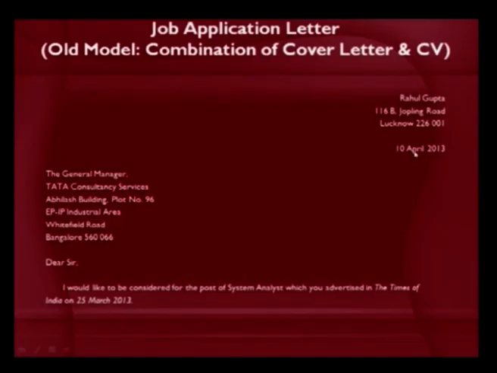We discussed that it is better to mention the month clearly, so that it does not cause any confusion. So, it is spelled out in word form. So, first the address and then the date, and then the person to whom it is sent. So, the General Manager, Tata Consultancy Services, Abhilash Building, Plot Number 96, EPIP Industrial Area, Whitefield Road, Bangalore with pin code.